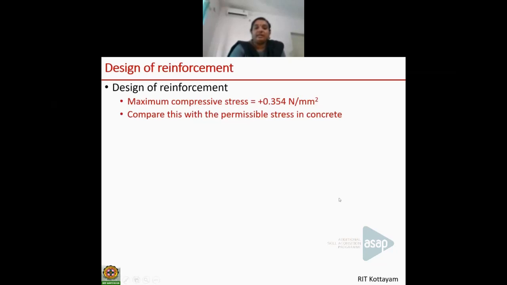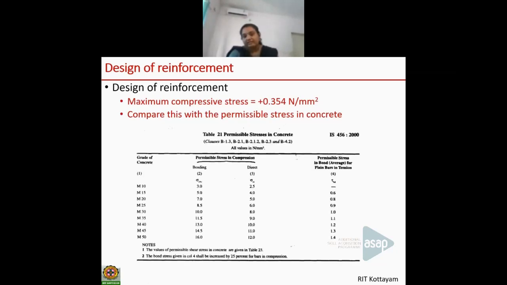You know that the maximum compressive stress obtained is plus 0.354. From where you got this value? From the meridional stress value, and this needs to be compared with the permissible stress in concrete. So from where you will get this value? You will get this value from the permissible stress in concrete from table 21.